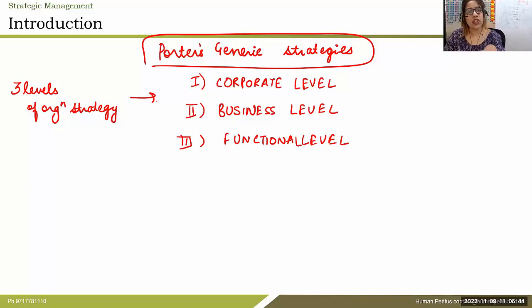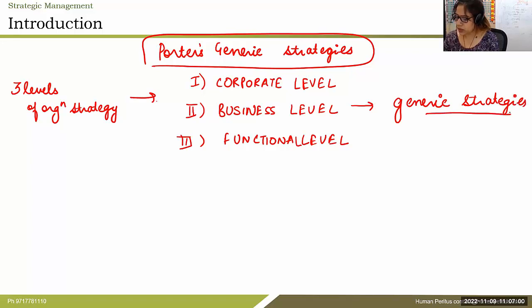So when we talk about generic strategies, they come under the heading of the business level strategies. These strategies are called generic strategies. These are our grand strategies. Big level. The business level strategies are called the generic strategies. So what are the generic strategies doing?